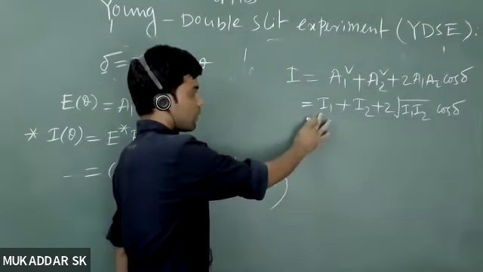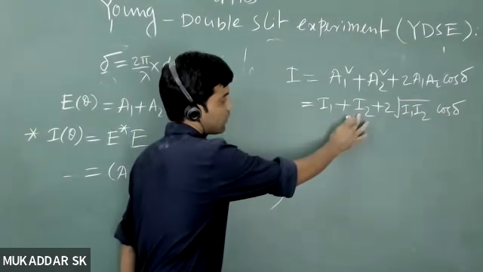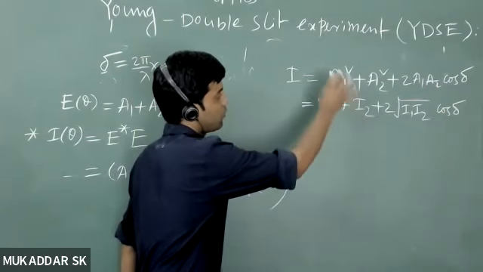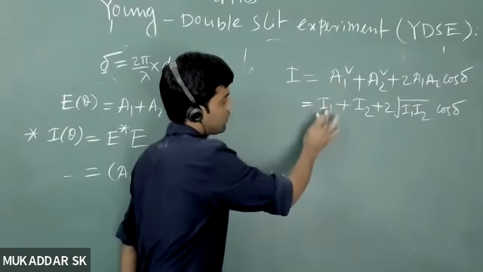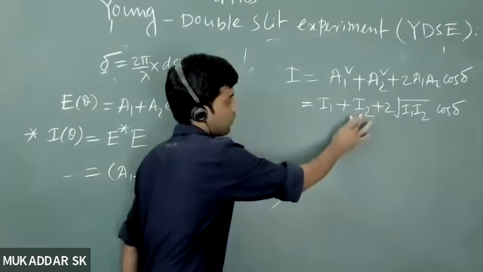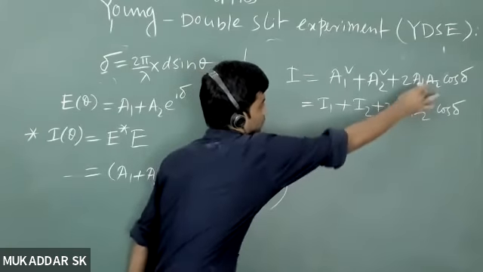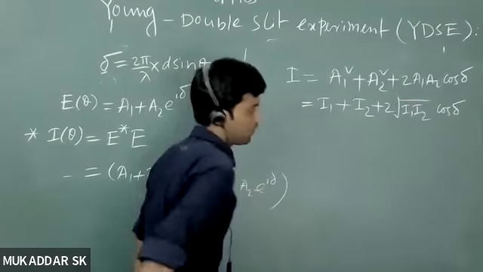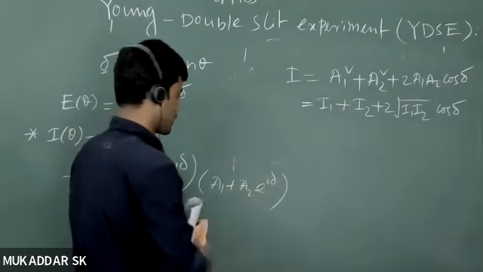I1 is intensity coming from slit 1, I2 is intensity coming from slit 2. And in place of A1 you can write root over I1, A2 root over I2. Okay, is it clear?